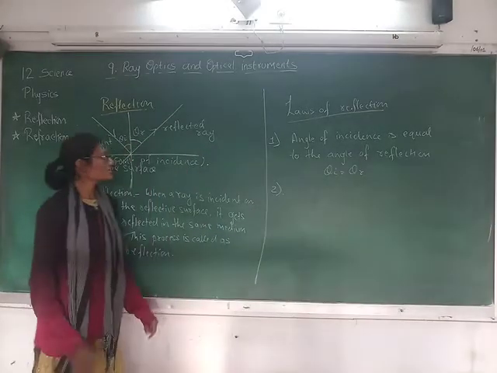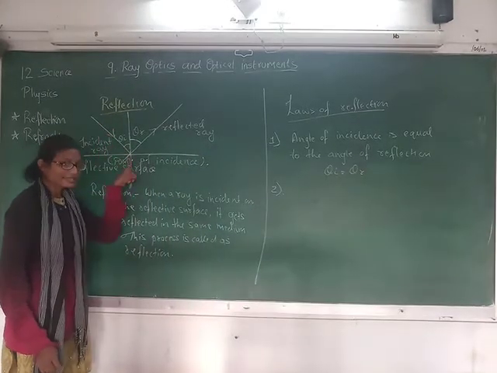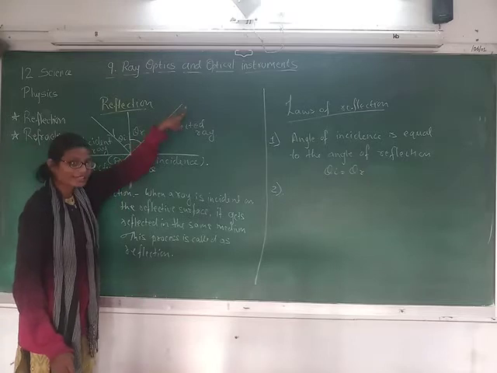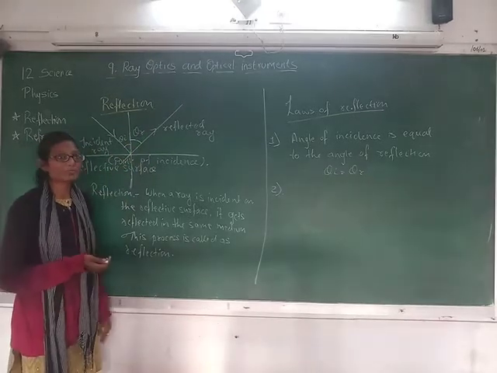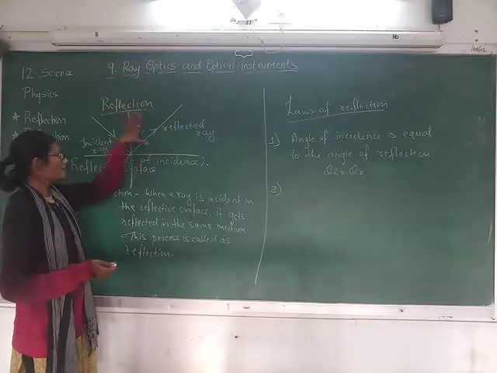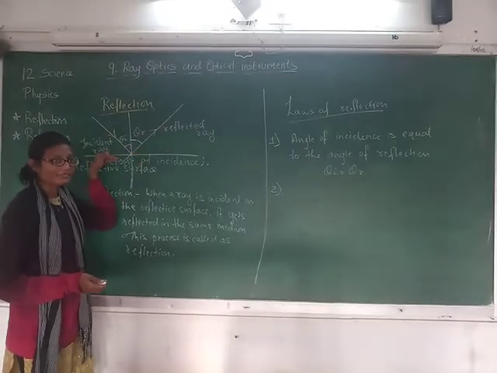Second, you can see over here this incident ray, this reflected ray and this normal all lie in the same plane. You can see that it is above this interface.